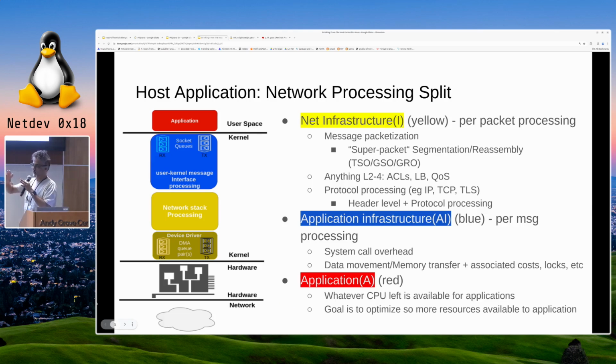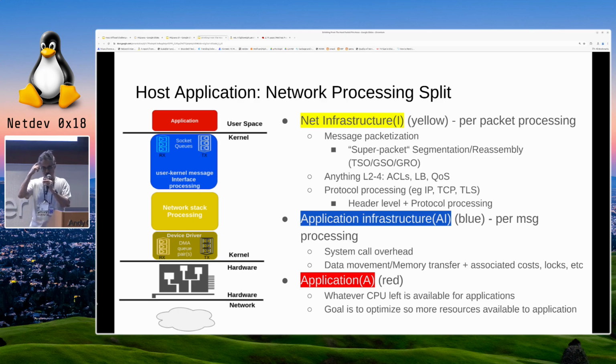So we try to break down the infrastructure into several layers, generic. If you look at the blue, that's you're hitting the socket layer and up. You're dealing at a message level processing. The yellow is what I'll call network infrastructure. You're doing L3, L4, Ethernet, you're doing all this header processing, etc. And there's a device layer, right?